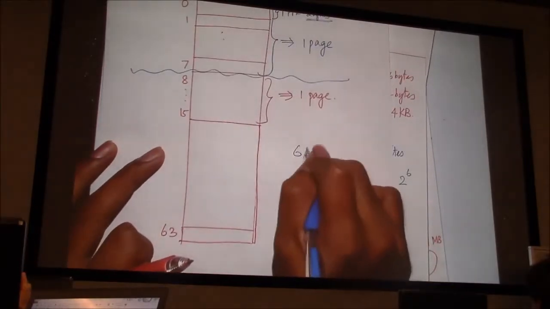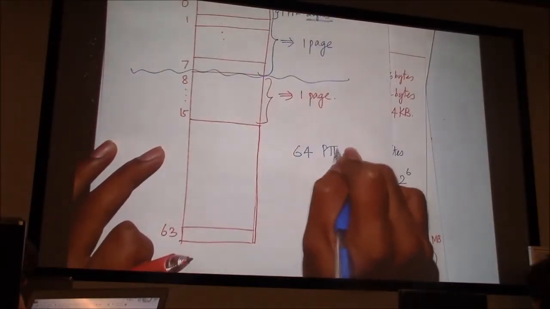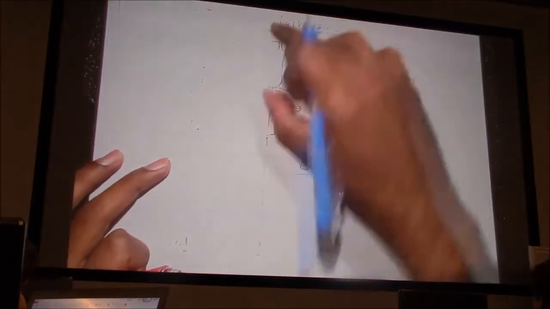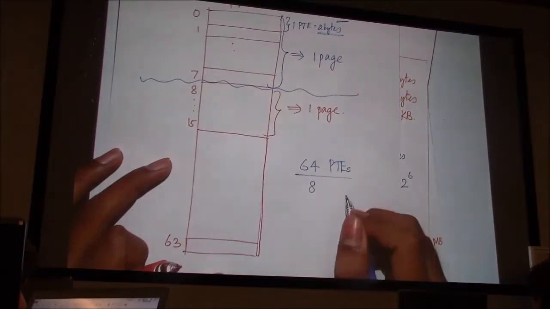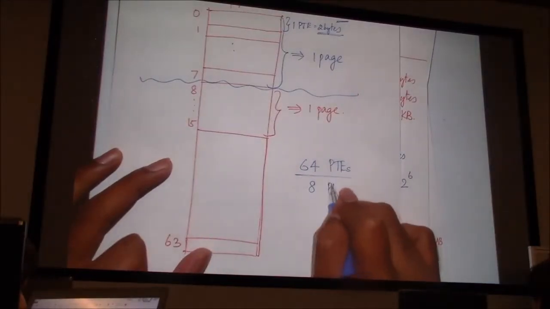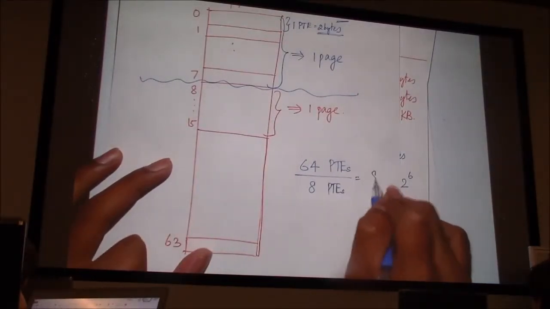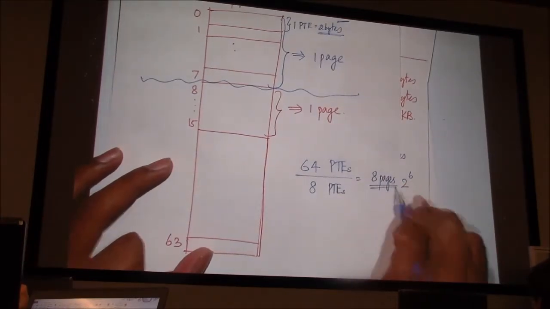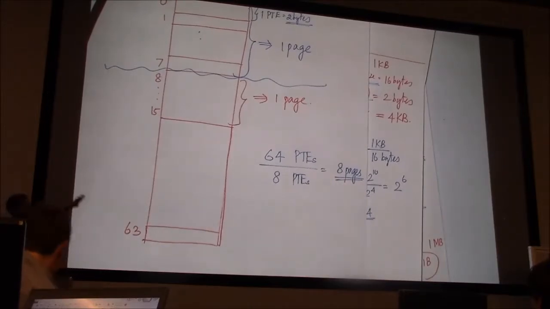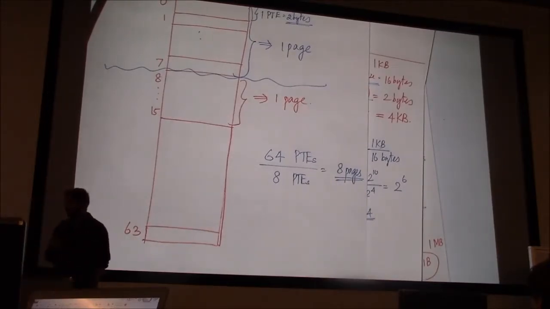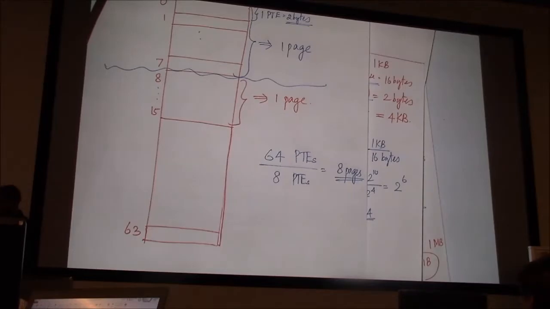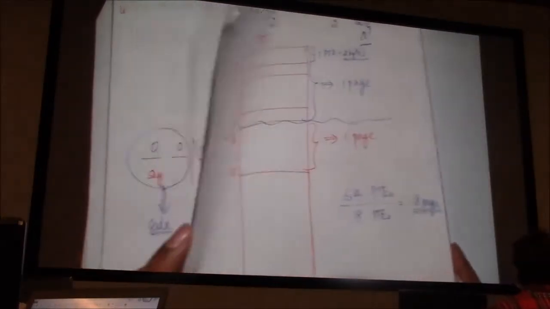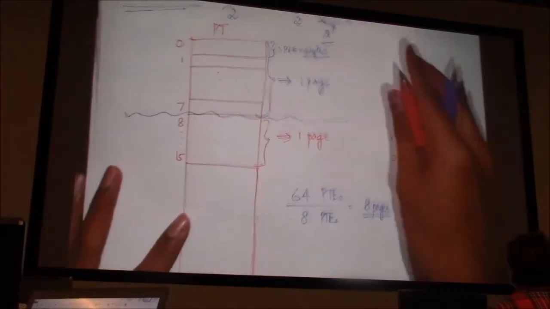We have 64 page table entries, and in a single page we can have 8 page table entries. So you need 8 pages to store this entire page table, okay. Is it clear right now?